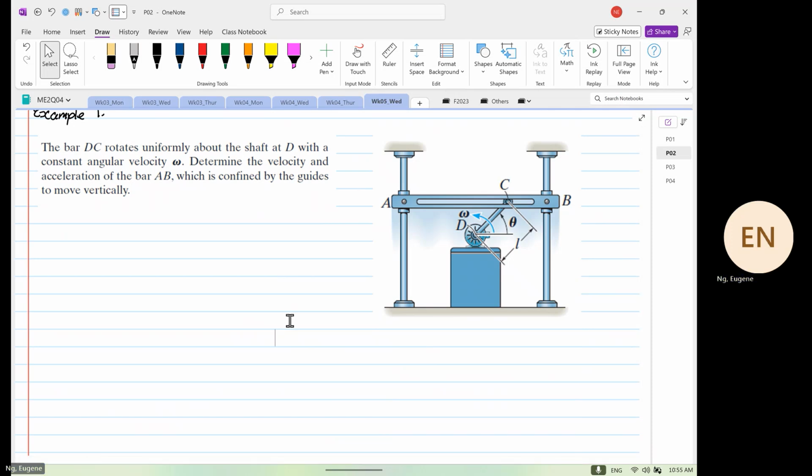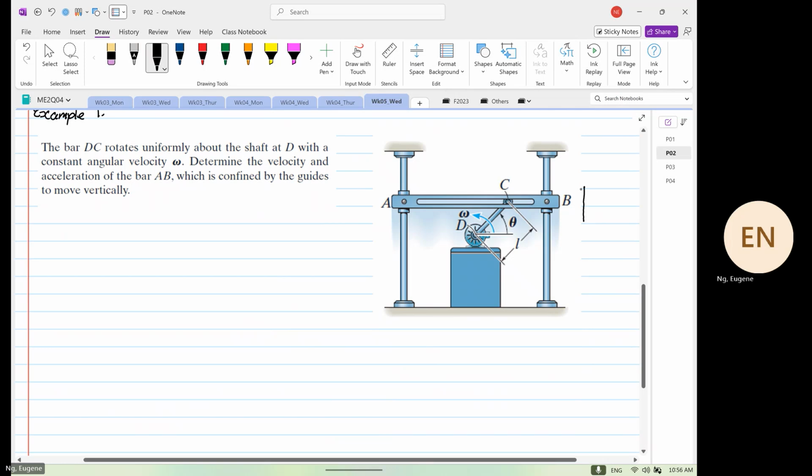So my suggestion for how to approach a problem like this: what we are trying to find is the velocity of AB, and we want to find the acceleration of AB. So these are both unknown.